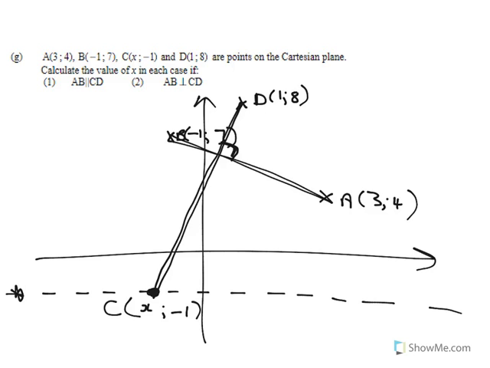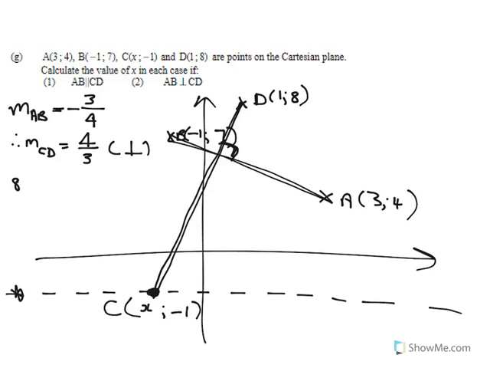So we know that the gradient of AB is -3/4. That means that the gradient of CD will be the negated reciprocal of that, so positive 4/3 will be its gradient, and that's because they're perpendicular.